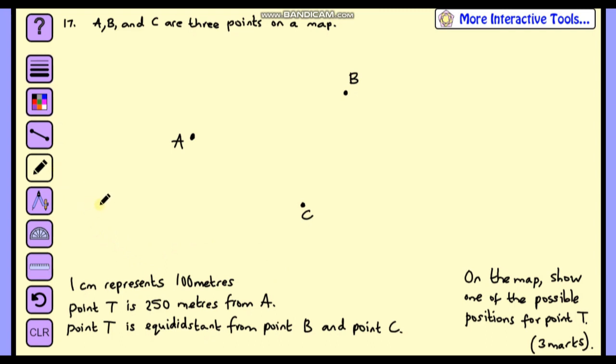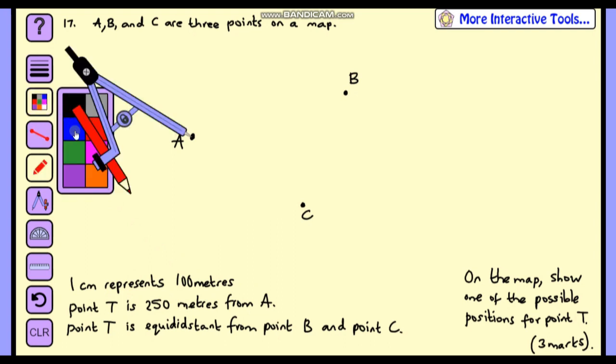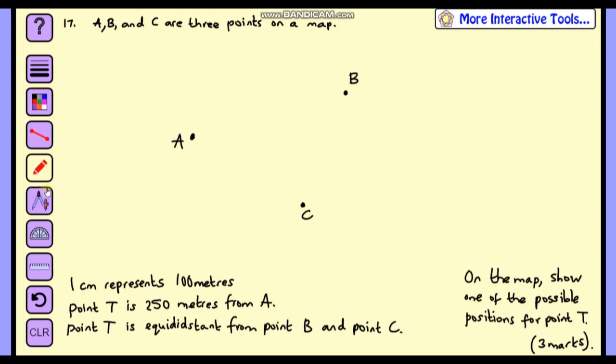Now the first thing I'm going to look at is the scale. I can see 1 centimetre represents 100 metres, and we're told that point T is 250 metres from point A. So we can work out how far away point T is from point A on the map by using the scale. Let me get rid of my compass first of all, and change to red.